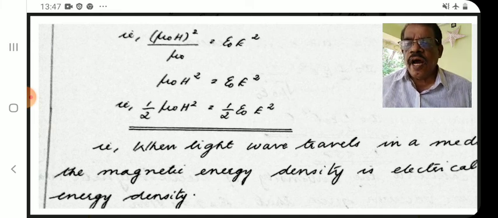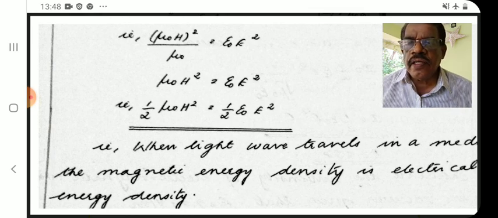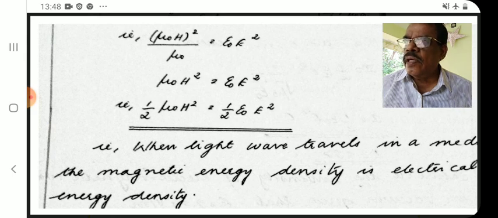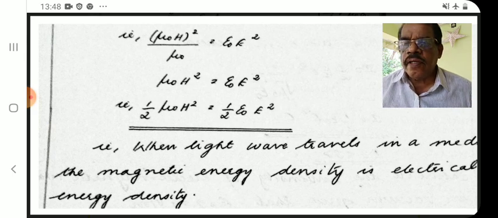Multiply both sides by half: half mu 0 H square is equal to half epsilon 0 E square. The term on the left side is called magnetic energy per unit volume, and the term on the right side is called electrical energy per unit volume. Or the term on the left is called energy density due to the magnetic field, and the term on the right is called energy density due to the electric field.